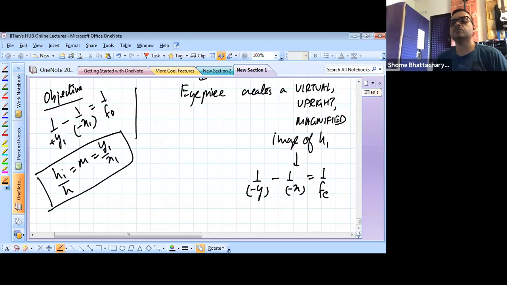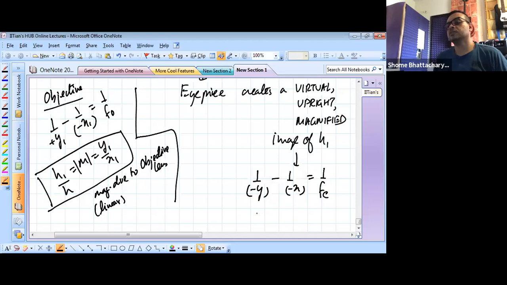I mean, there's a minus sign involved, but I'm just taking the mod. So this is the magnification due to the objective lens. This, of course, is linear magnification. So we have this. So again, that tells us that x is equal to f into y divided by y plus f, that kind of.